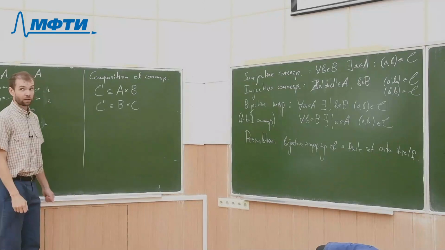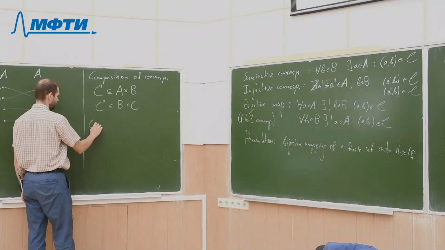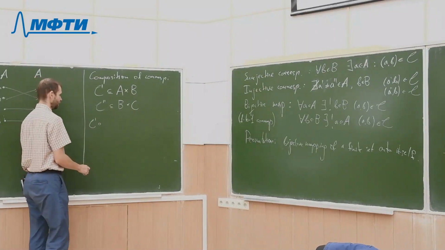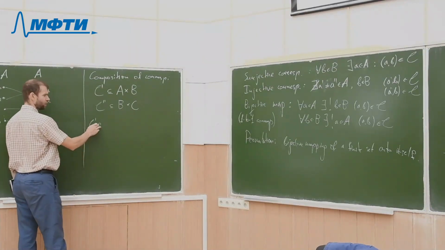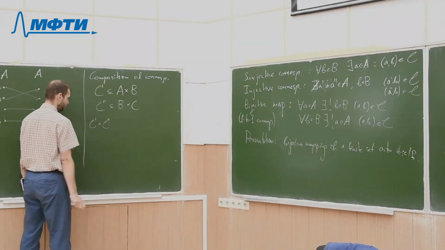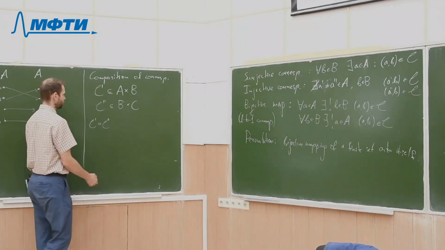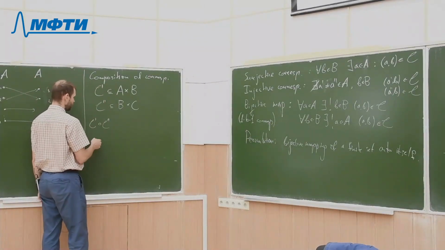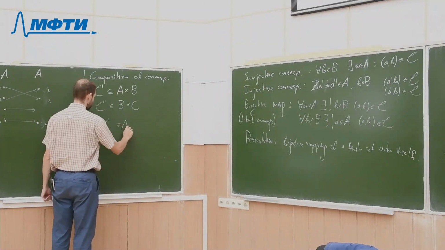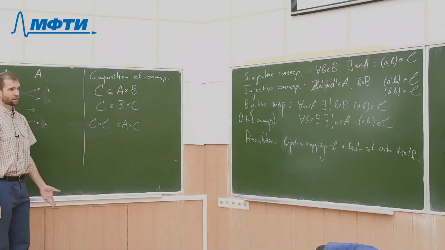And what is their composition? Their composition is denoted by C prime, then this little circle, and C2 prime. Sometimes we do not even put the circle here, but for starting, I will not omit it. The composition of C prime and C2 prime is actually a correspondence between sets A and C, which works like this.